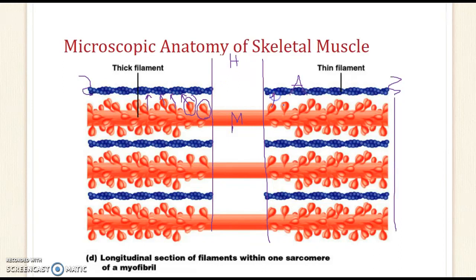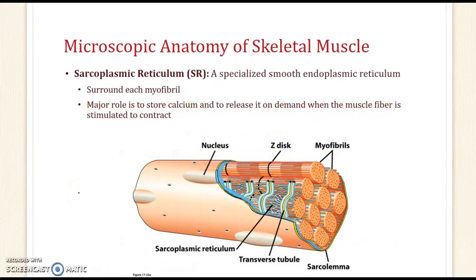And these ones would be attaching over here. They push the actin towards each other. So during contraction, you get a smaller H zone because the actin filaments are sliding closer together. So we're going to pause there.